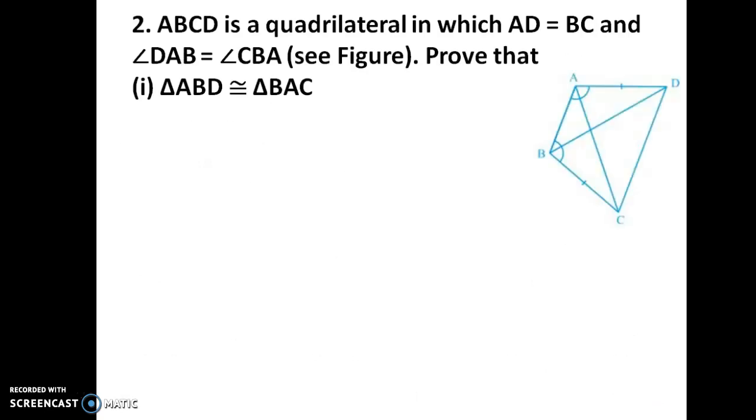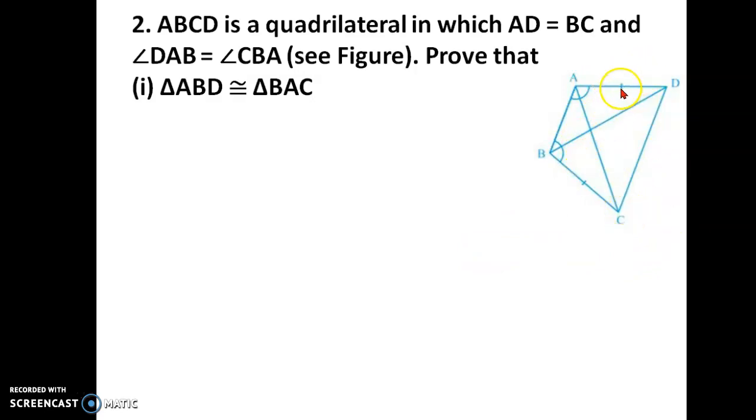The next problem: ABCD is a quadrilateral in which AD is equal to BC and angle DAB is equal to angle CBA. Prove that triangle ABD is congruent to triangle BAC. Here a quadrilateral is given.